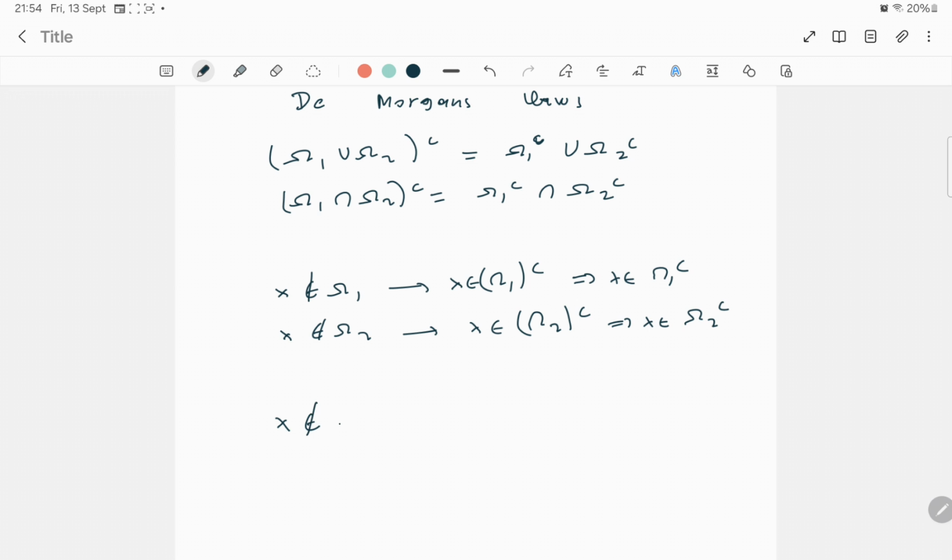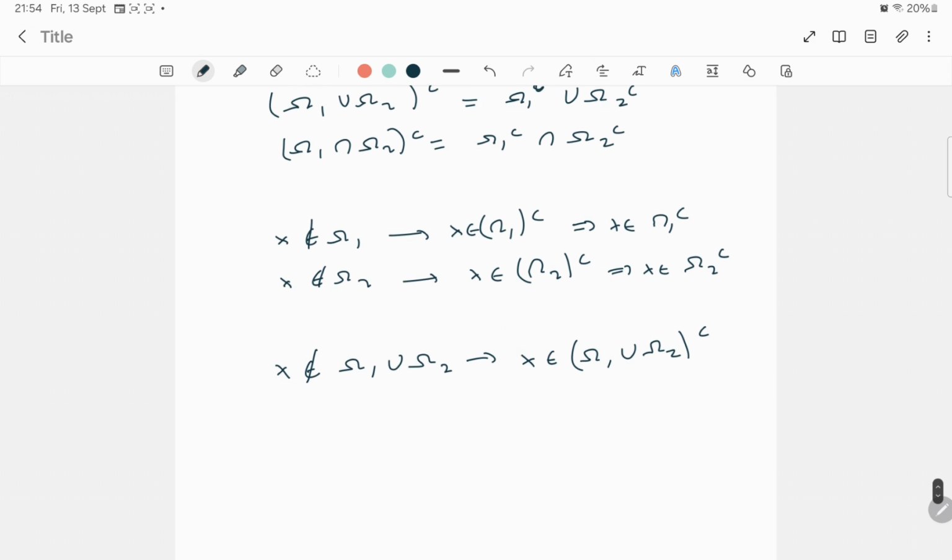X doesn't belong to omega 1 union omega 2. So from here we know that x belongs to the omega 1 union omega 2 complementary. If we merge these arguments together, we finally get that omega 1 union omega 2 complementary equals omega 1 complementary intersection omega 2 complementary.